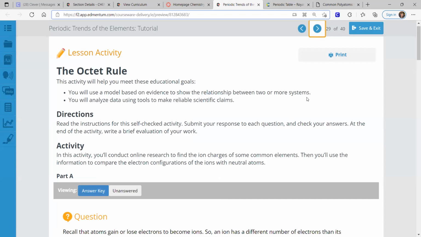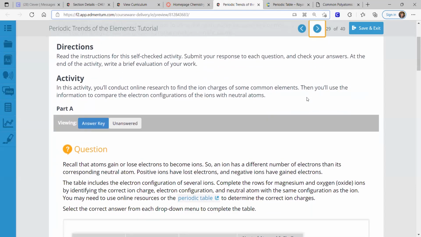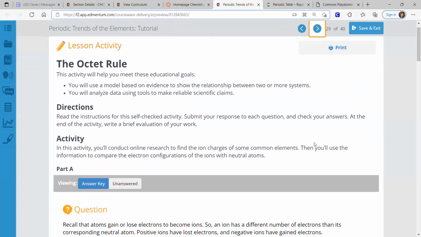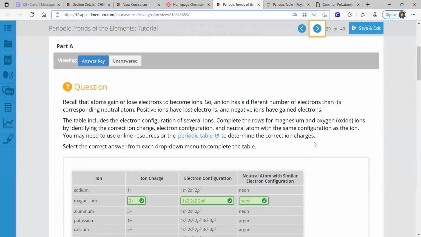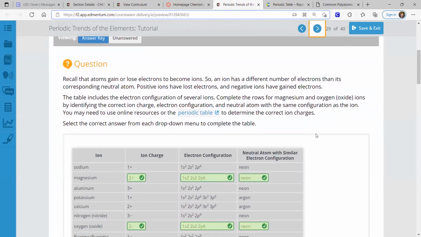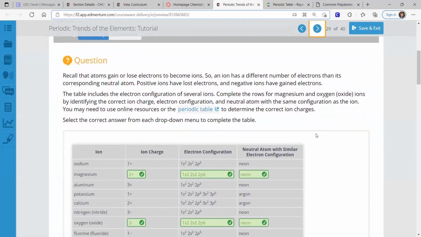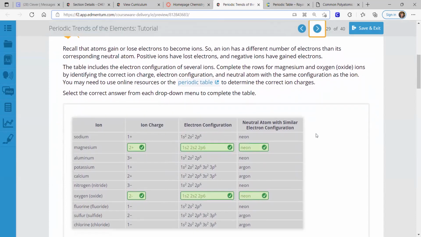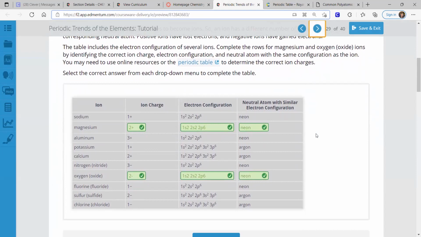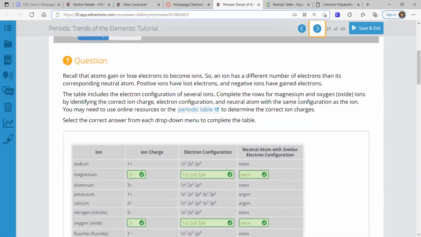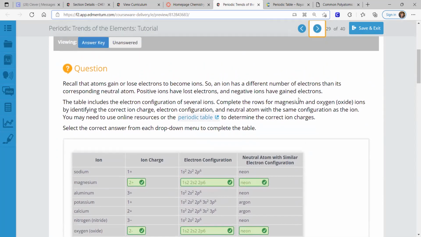The octet rule will help us understand what these ions and electron configurations are trying to be. Octet, they want 8 in that outer sublevel. That is very stable.